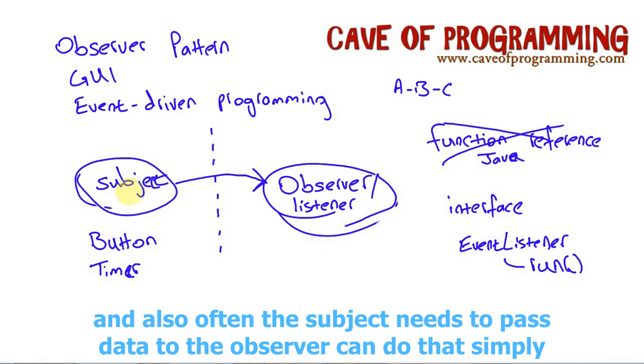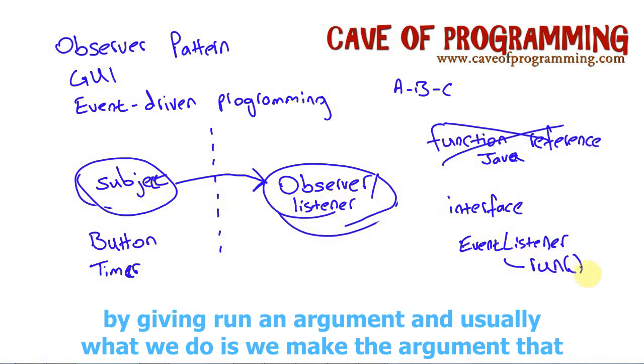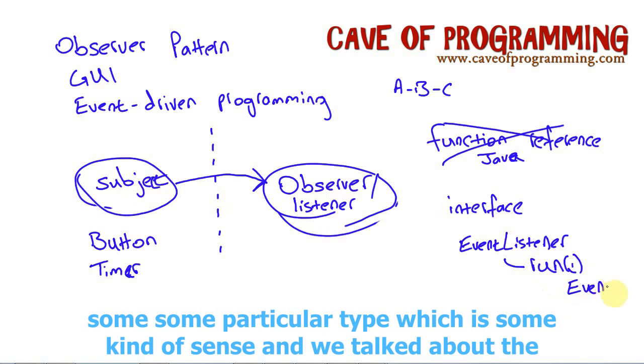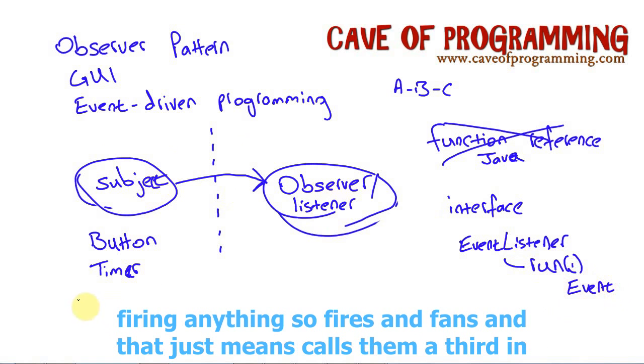And also, often the subject needs to pass data to the observer, and it can do that simply by giving run an argument. And usually what we do is we make the argument of some particular type, which is some kind of, we call it an event. And we talk about the subject firing an event.